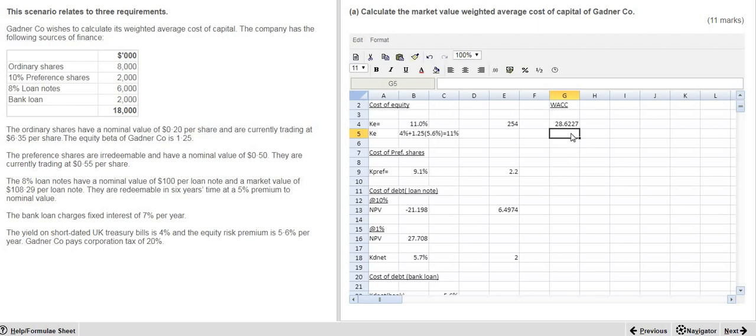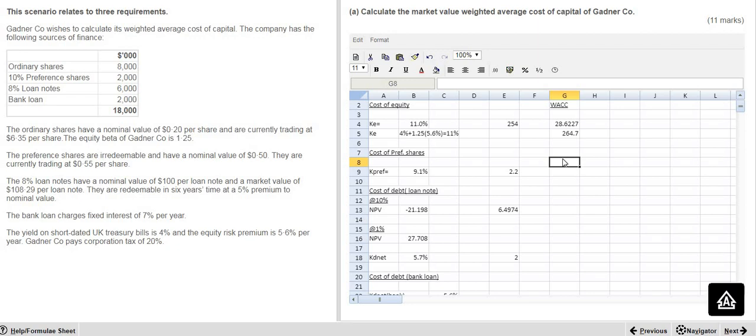I want to do what is under now. That's the denominator. That's the total of the market value. That's 254 plus 2.2 plus 6.5 plus 2, which is market value of the bank loan. So I can now say WACC.